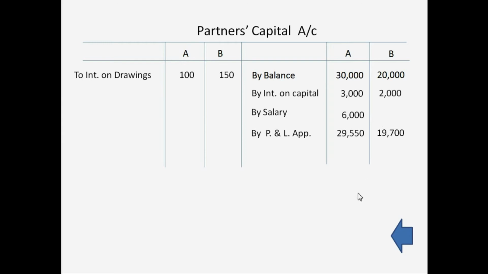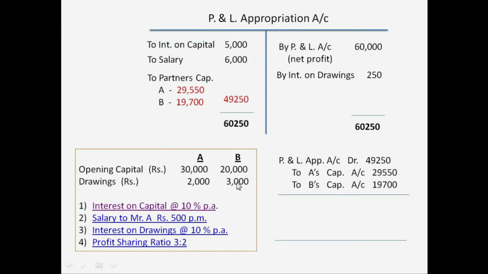And now we need to compute the balance of partners capital account, but before that one more entry we will pass, and that entry is just to close partners drawings account. We know that partner A's drawings is 2000, B's drawings is 3000.